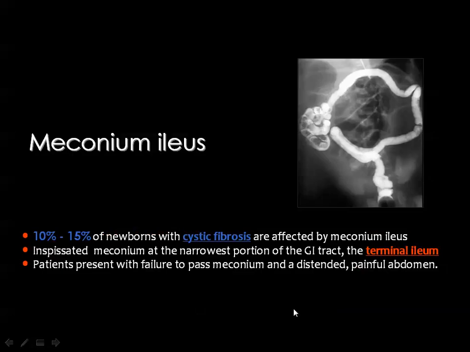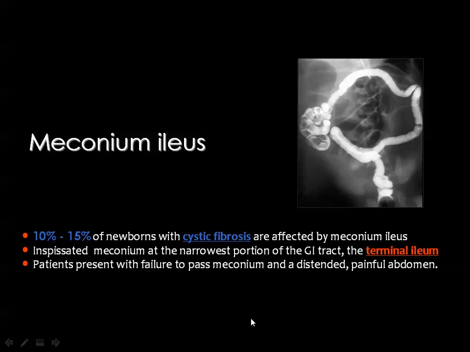Then we come to meconium ileus, which means that there is inspissated meconium lodged in the narrowest part of the gastrointestinal tract, which is the terminal ileum. And this will result in obstruction of the terminal ileum, meaning that the colon will be small and the proximal bowel will be dilated, containing a lot of gas.